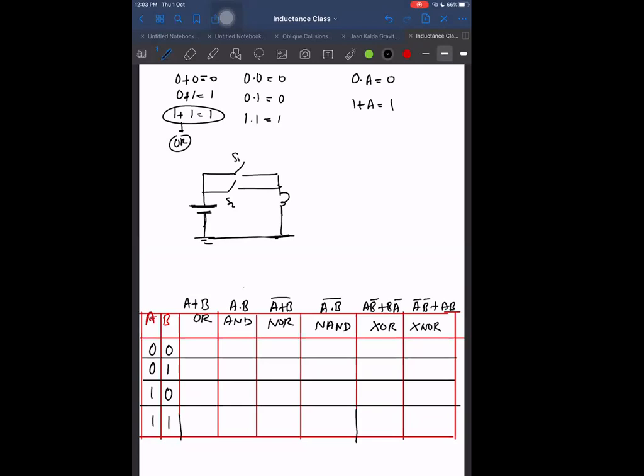Let us say it is on and off. I told you, anything which can be represented as up, down, on, off, true, false, all these things can be considered as logic operations, binary logic operations. So I have to assign some symbol for it, symbols 1 and 0.